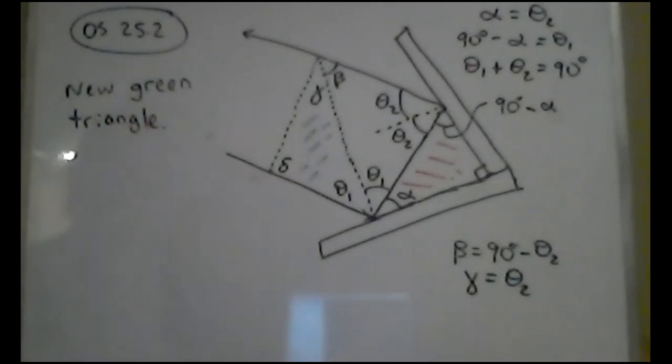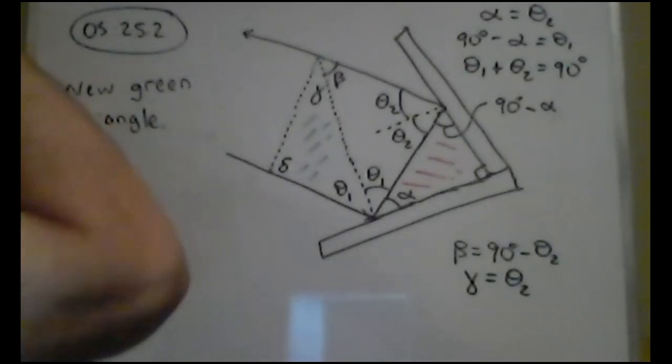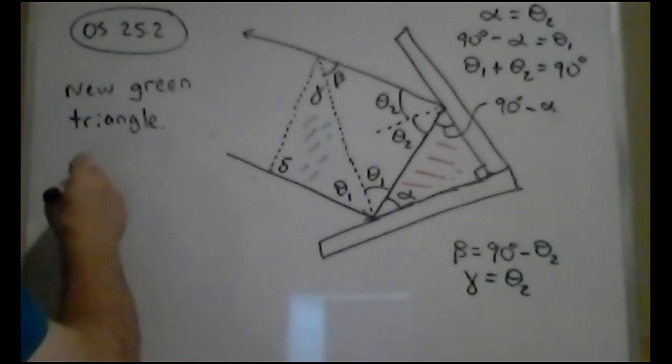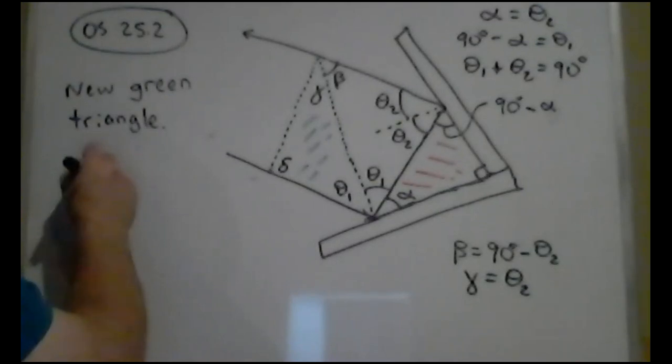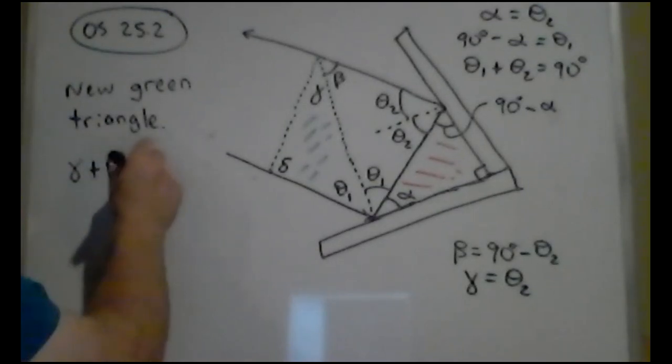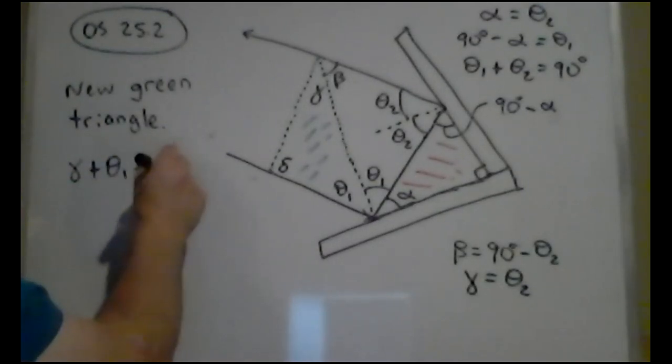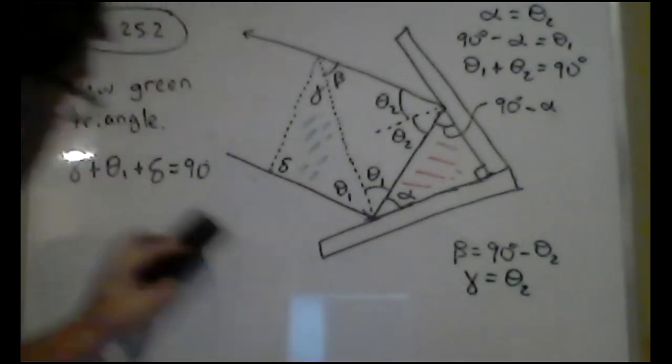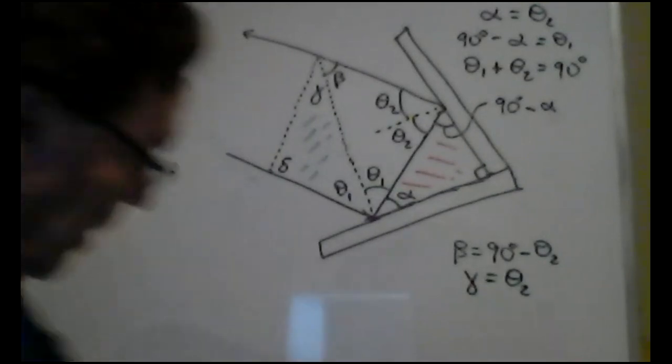Well, it's a triangle, so all the angles must add up to 180 degrees, right? That basically means that gamma plus theta 1 plus delta must equal 180 degrees. That's a property of any triangle.